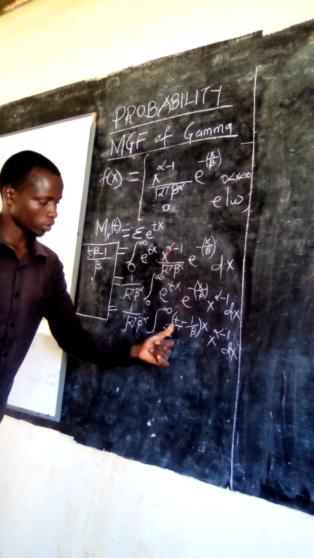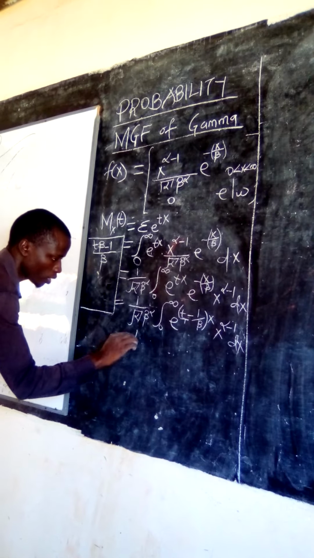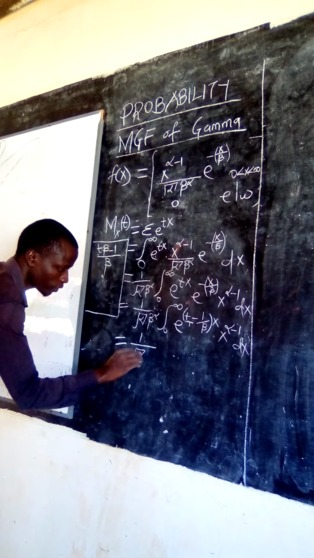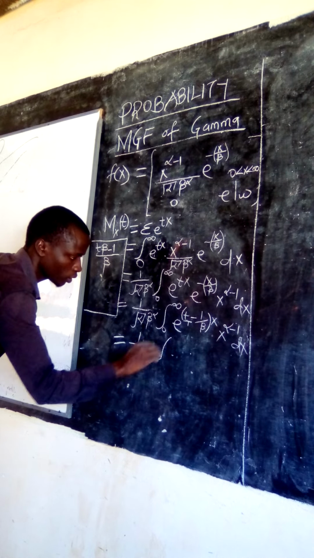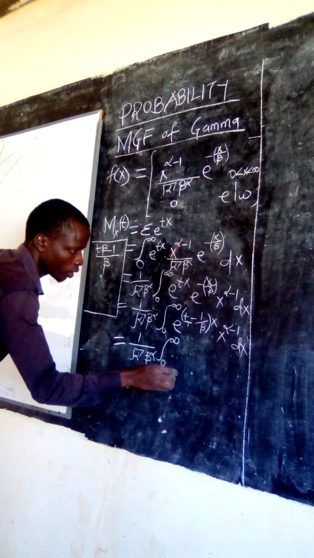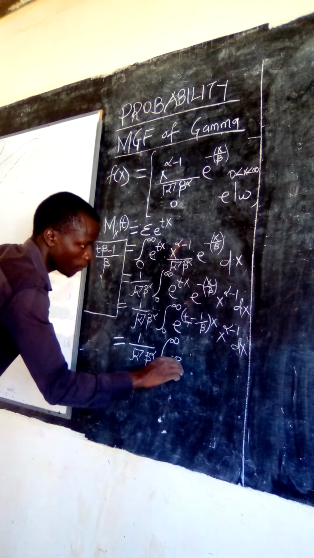And therefore, I'll come to the next step by saying 1 over Γ(α) β^α, the integral from 0 to infinity, then exponential. Now, with x here, there's a way I can write this x: I introduce a negative here that will affect everything I've done.